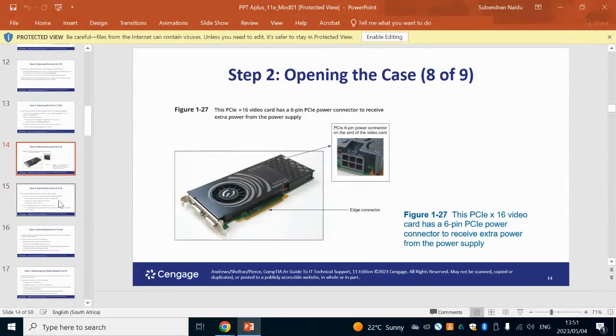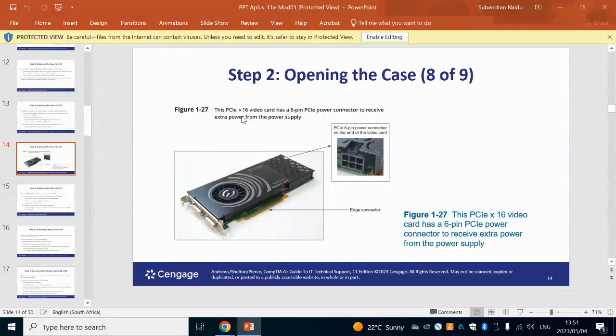Opening the case, they're giving me more information. There's an example of an adapter card or an add-on card. This card is going to slot onto the motherboard, onto a connector. What is the connector called? PCI Express x16. So this is the type of connector that's found on the motherboard that the card is going to slot onto.